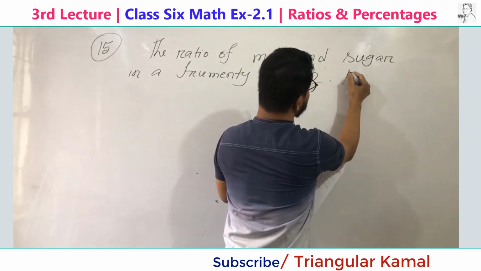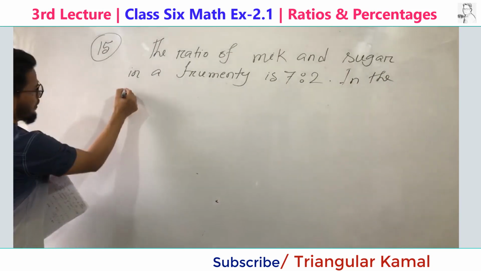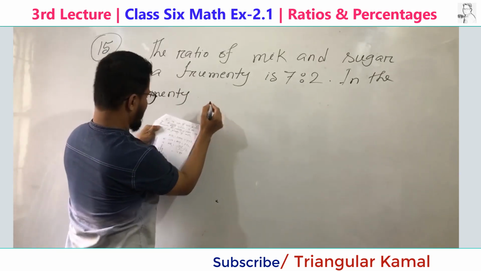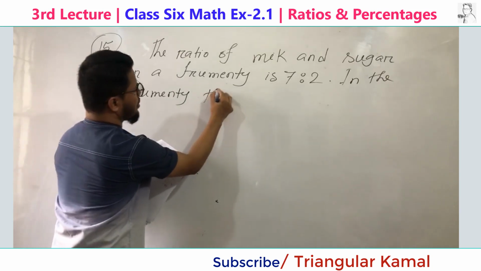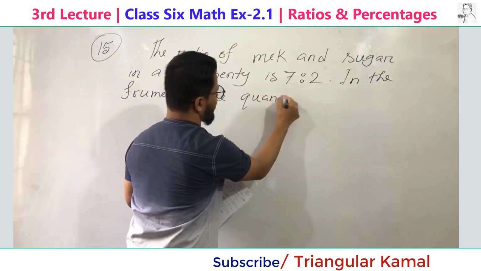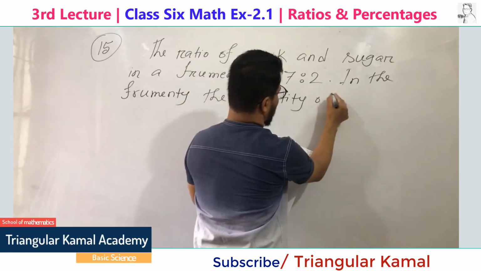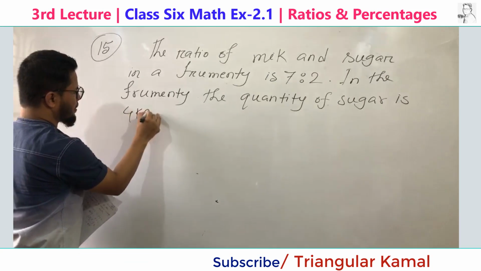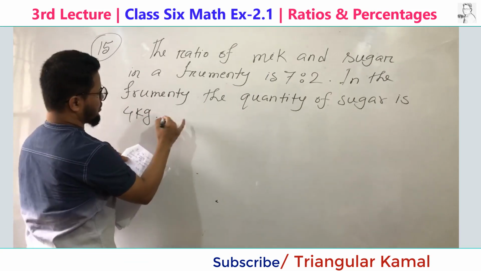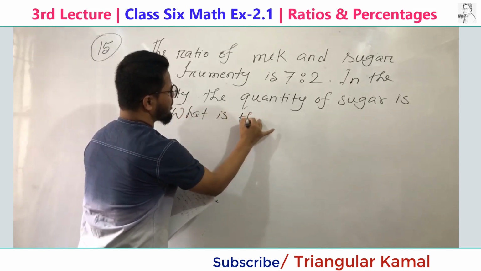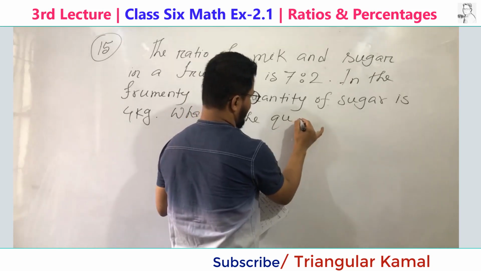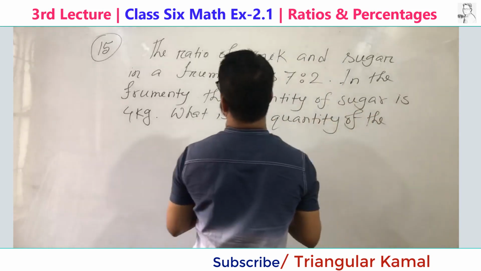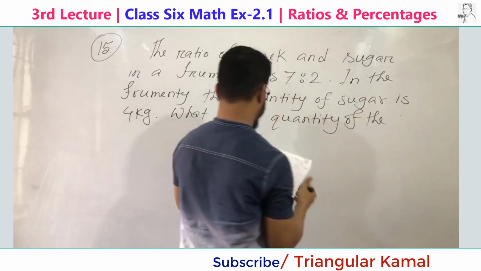In the frumenty, the quantity of sugar is 4 kg. What is the quantity of milk?